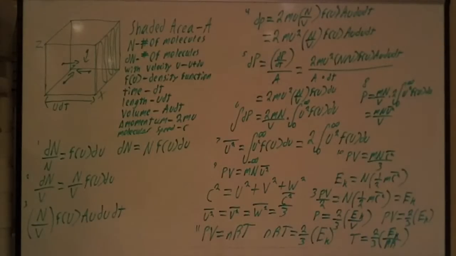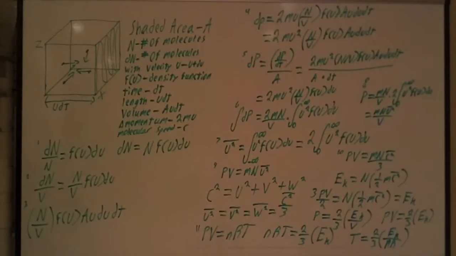I'm going to say that this specific velocity is between u and u plus du, where u is the velocity and du is a small change in this velocity. I'm going to say that these molecules are dn.